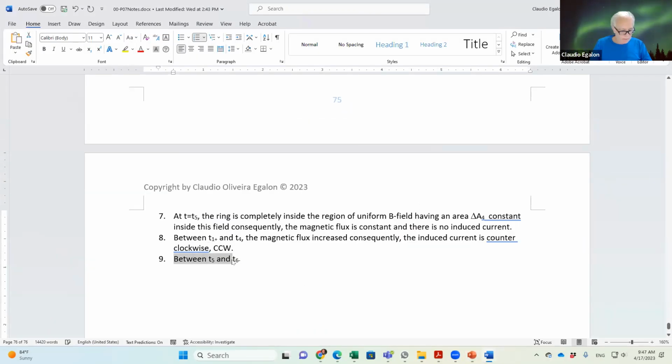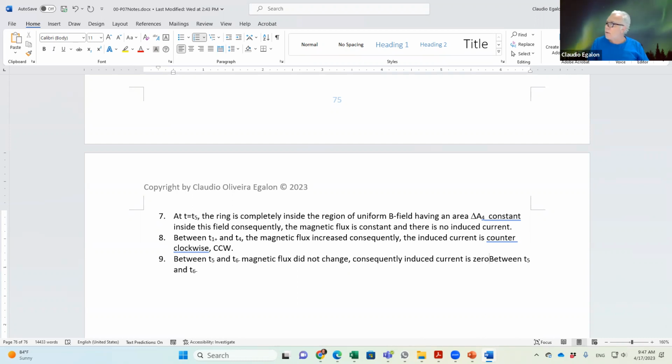Between T5 and T6 minus, magnetic flux did not change. Consequently, induced current is 0. Okay.